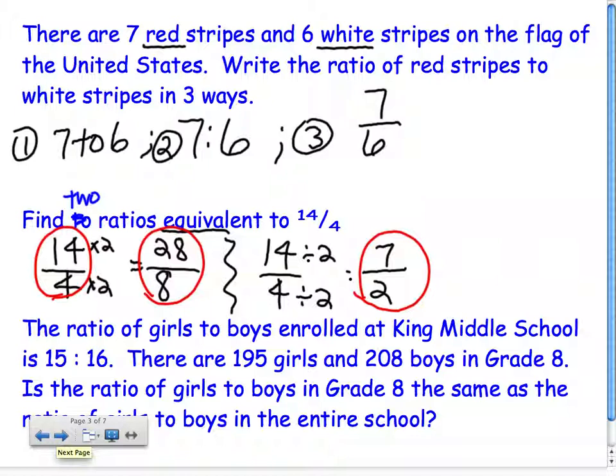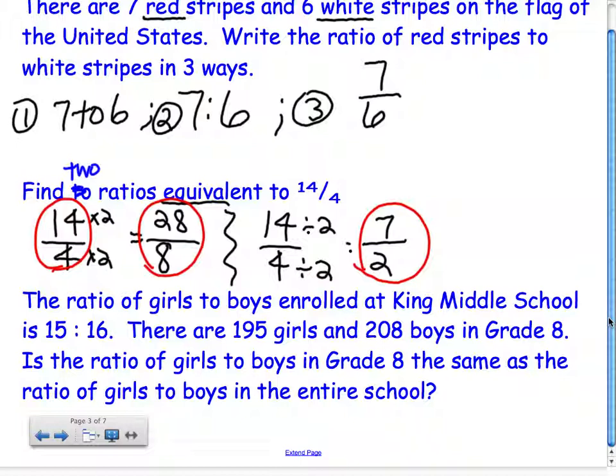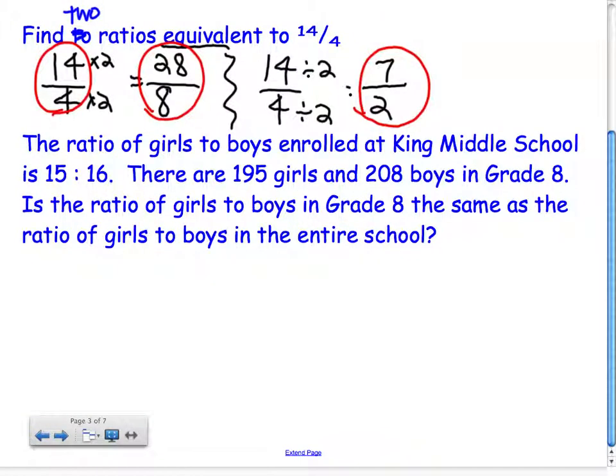Our third and final problem, let's scroll down so we have more room on our page, says the ratio of girls to boys enrolled at King Middle School is 15 to 16. There are 195 girls and 208 boys in grade 8.